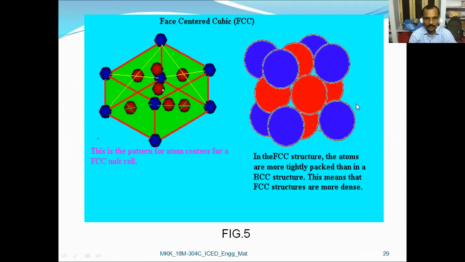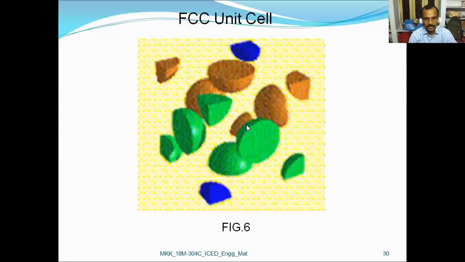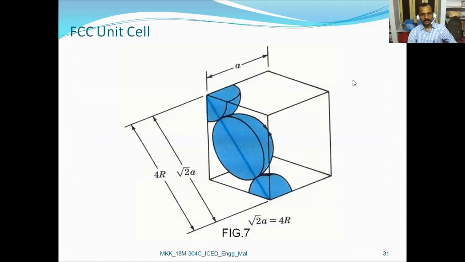On all the sides, top and bottom, each and every face, we have atoms. So this is an FCC unit cell. This is a representation along with the calculation part.